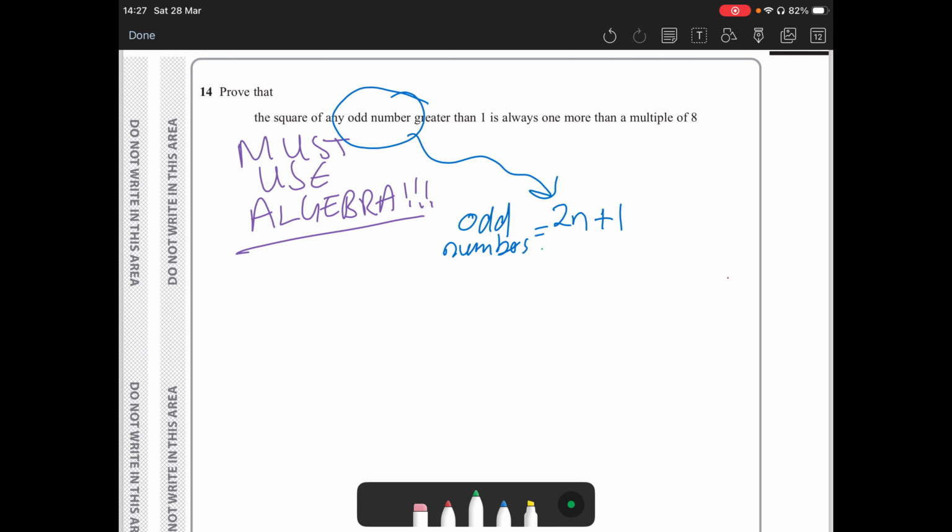So this question says the square of this. So the square of any odd number. What happens? Okay, let's square it. So we're going to square 2n plus 1.